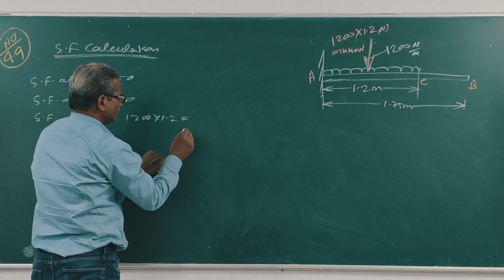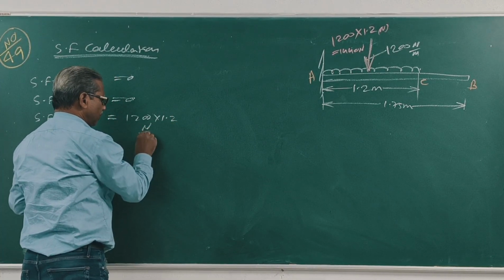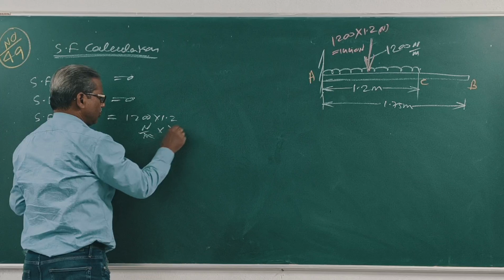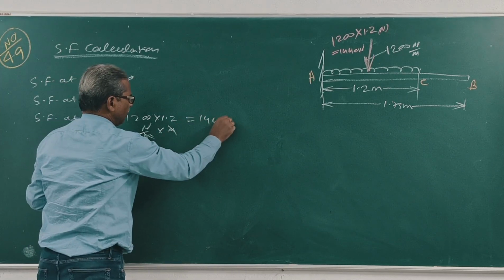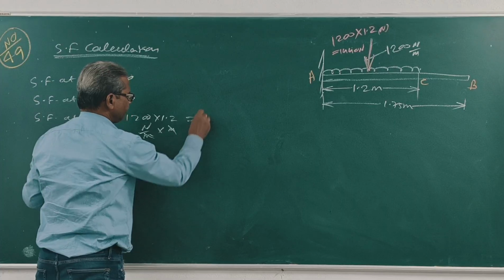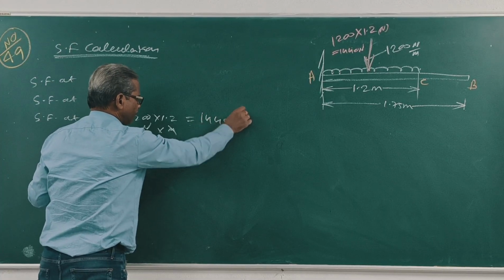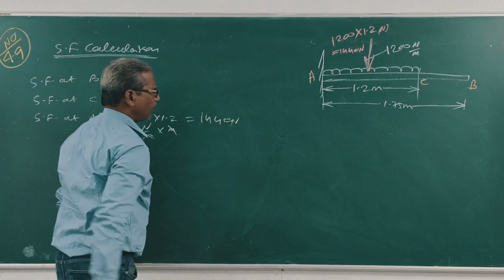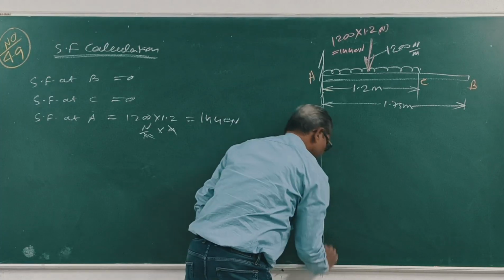Clear? Newton per meter into meter, Newton. This is 1440 Newton. Shear force at A is equal to 1200 into 1.2, Newton per meter into meter, equal to 1440 Newton. Right?